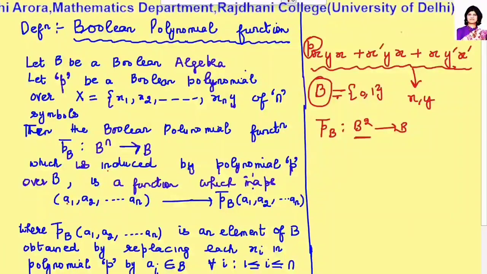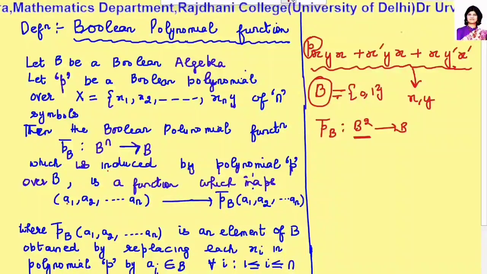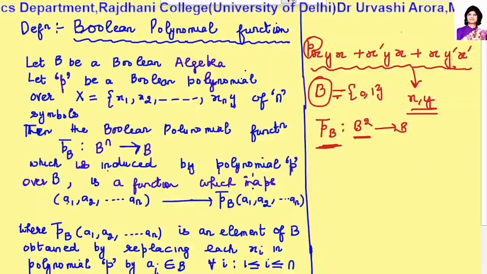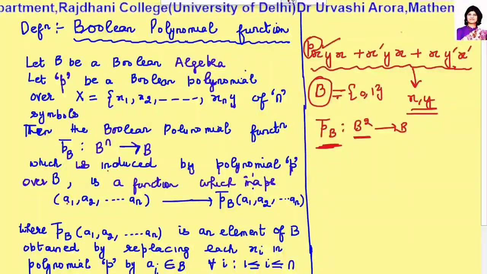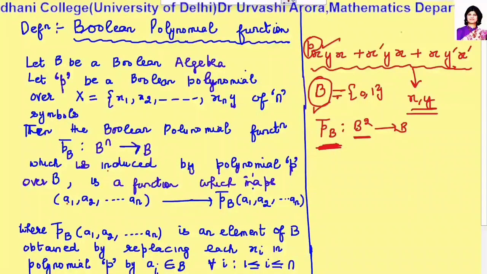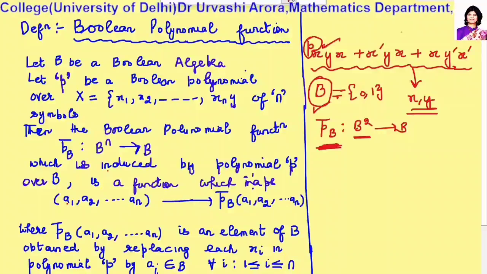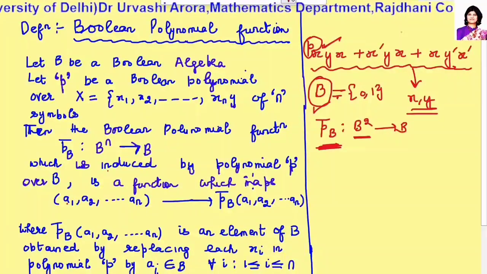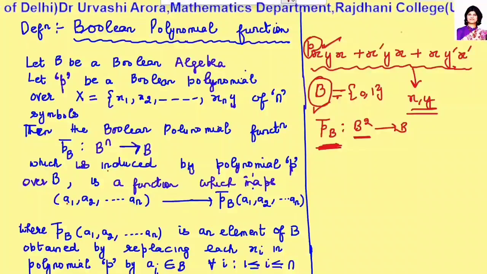So in the domain, B has to be multiplied with itself as many times as there are symbols. So P bar B, which is the Boolean polynomial function induced by the Boolean polynomial P over the Boolean algebra B, came out to be a function mapping from B square to B.